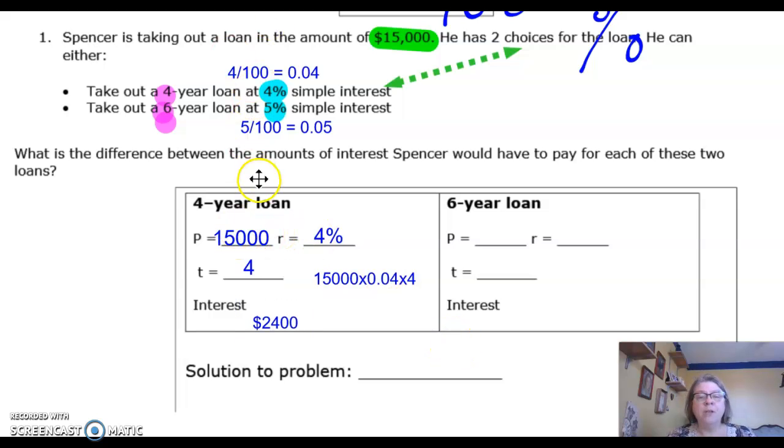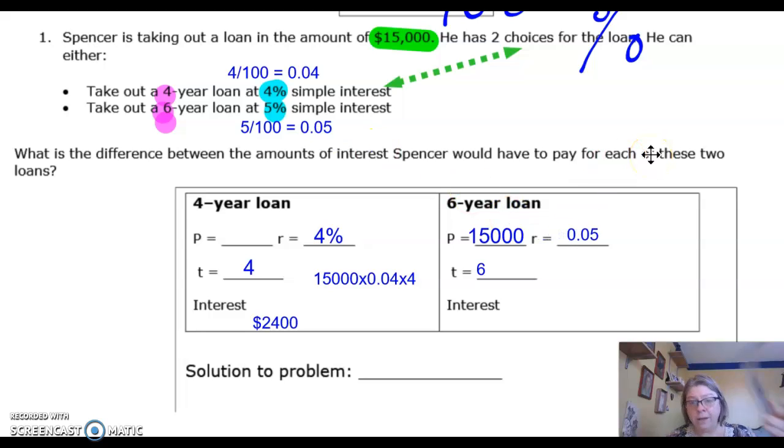Okay, now I'm going to do the other one. Since I'm using the same principal, I can go ahead and just move this 15,000 over here. But for the rate, I'm going to have to put in what I got here. 0.05 is my rate, and my time is 6, which I got from there.